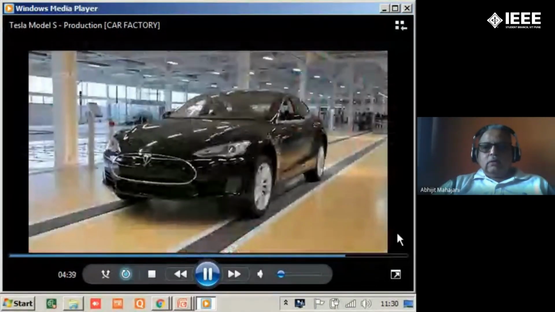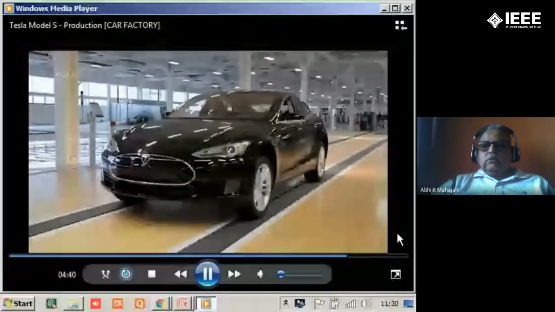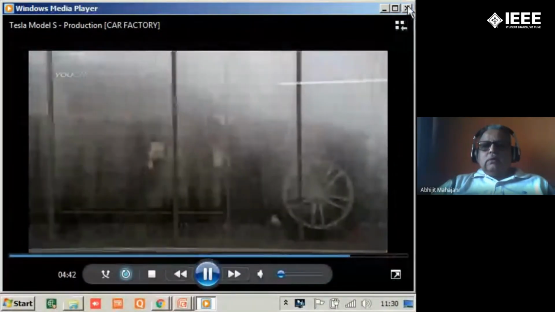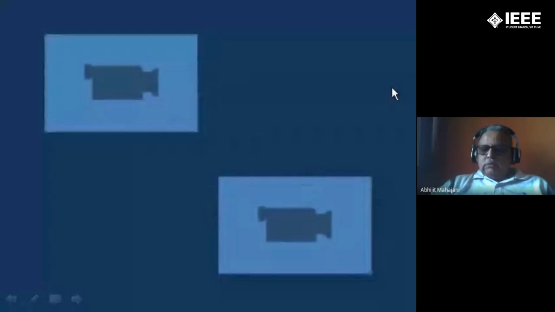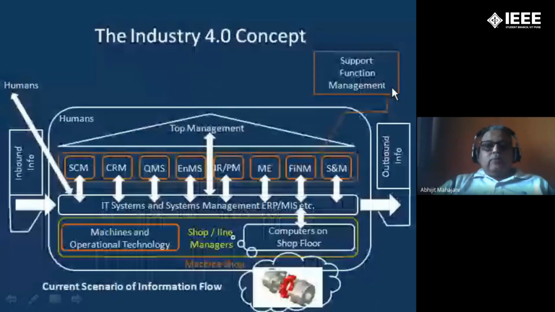Here it comes. As I said, only inspection is manual, rest everything is automated.